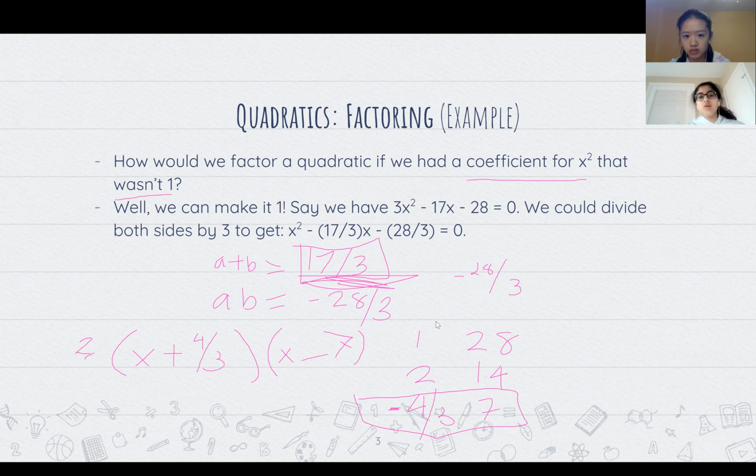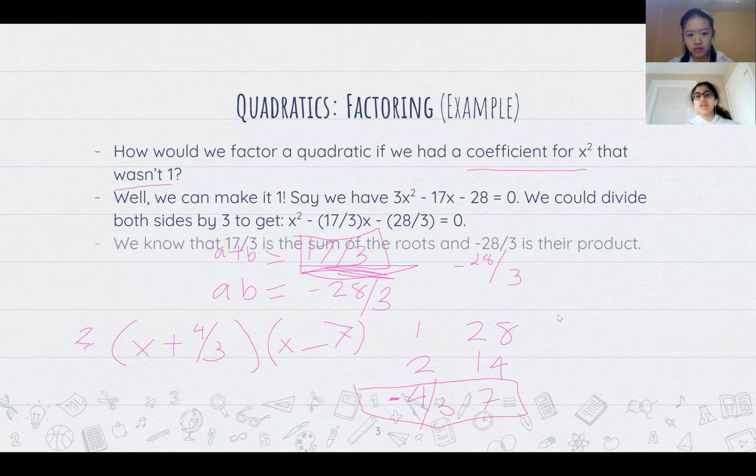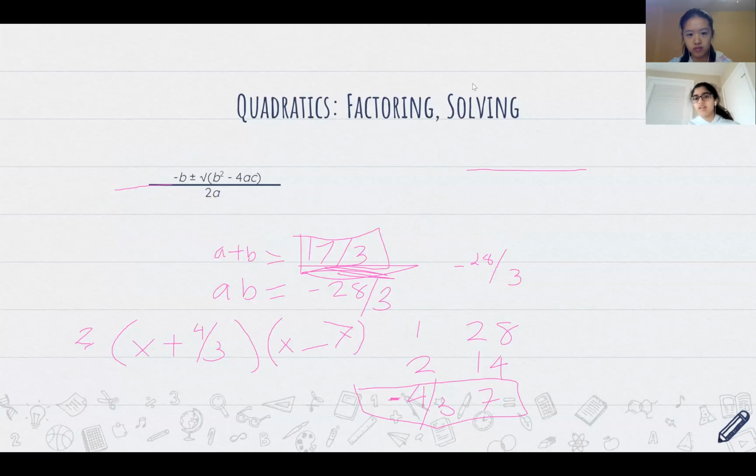You only use this method when you have something like that. However, in this scenario, we didn't, so it's a bit more complicated to do it this way, which is why we are going to show you the quadratic formula.